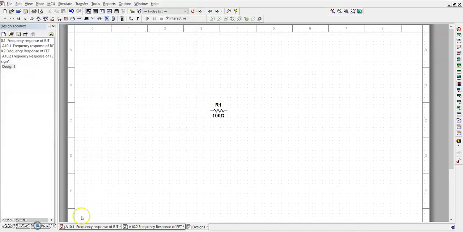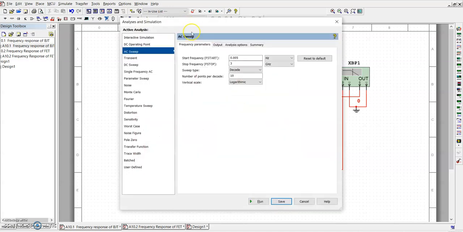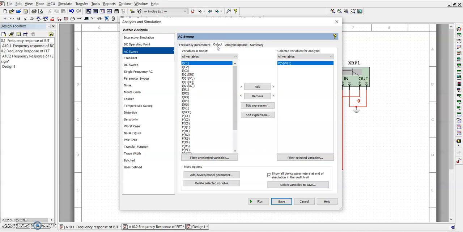I have already designed the circuit diagram for the frequency response of the BJT. This is the circuit diagram. Now let's run and see what the outputs are. Select AC sweep, go to the output. We know that the gain is the ratio between the output voltage and input voltage.